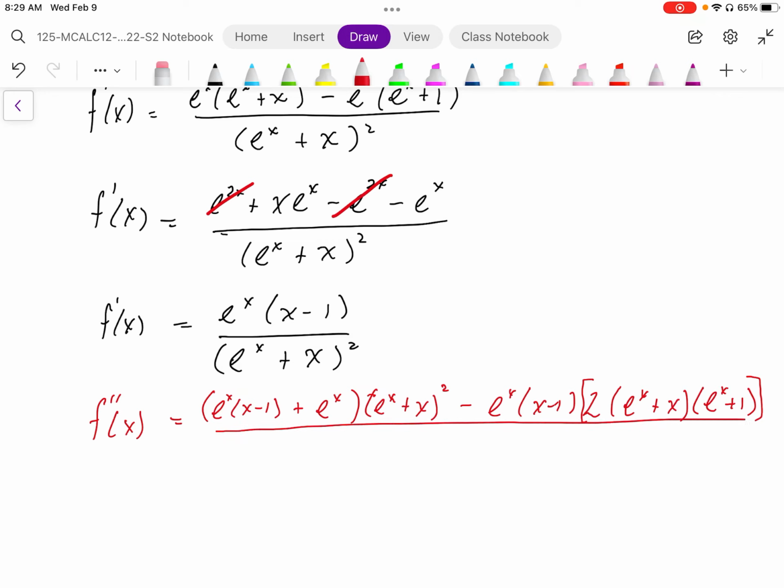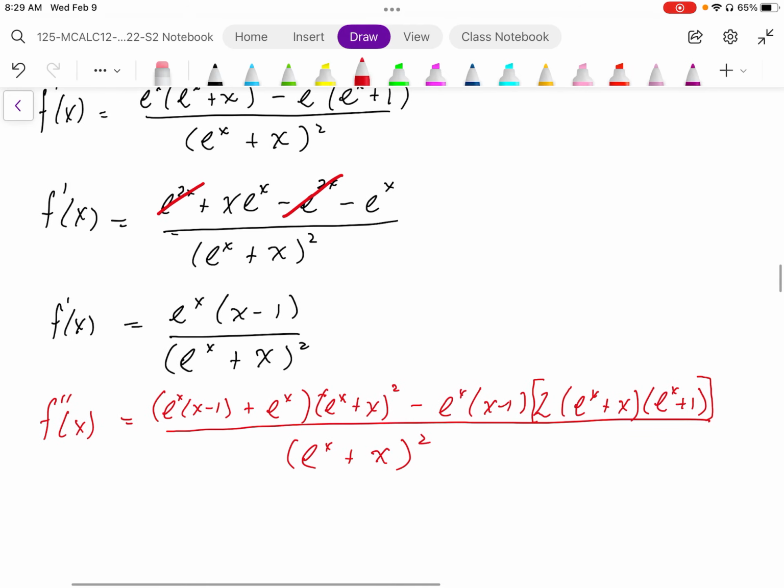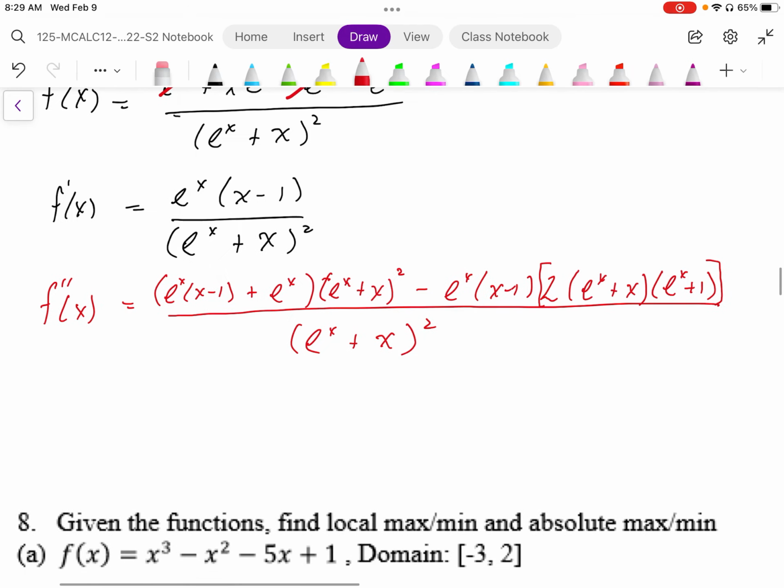And then the denominator, I just add an extra power onto that. Okay, so there's my second derivative. Now, we should simplify this, but this is a usable second derivative. So if I need to use it to calculate slope, I can just use that expression.